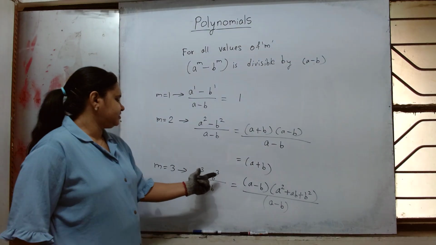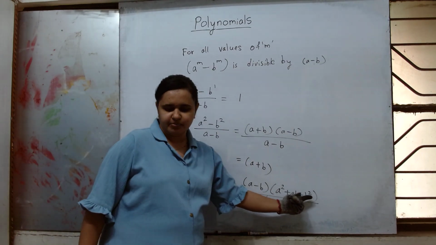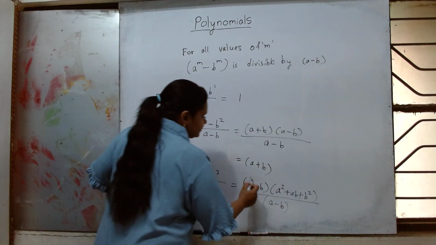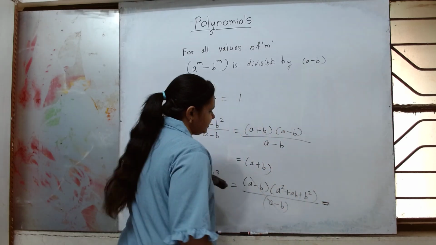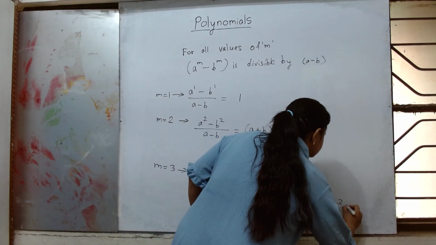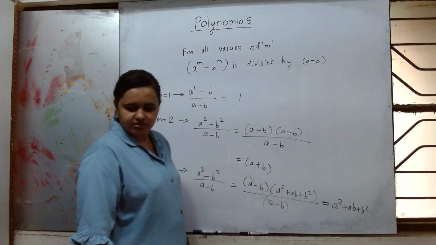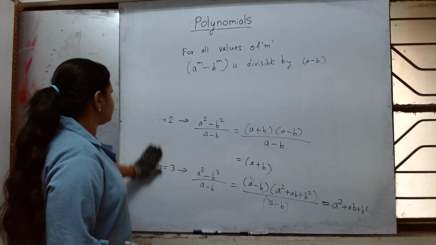So the factors of a cube minus b cube are a minus b into a square plus ab plus b square. So this is also divisible. It will cancel and we will get a square plus ab plus b square.